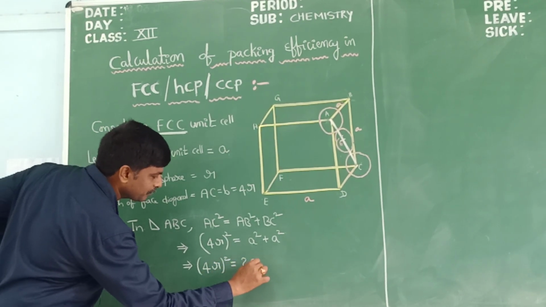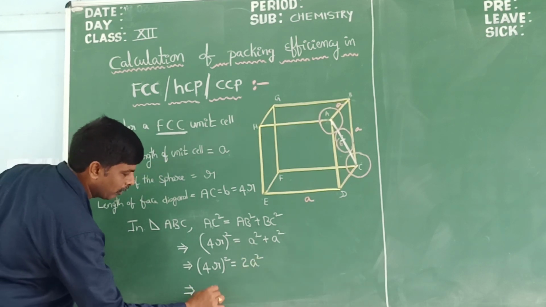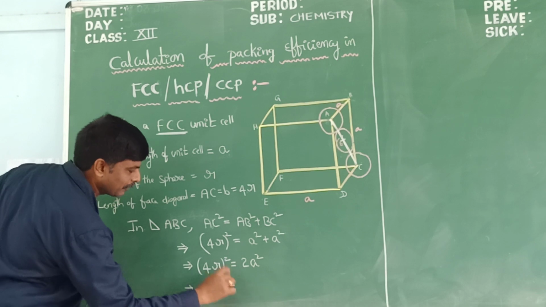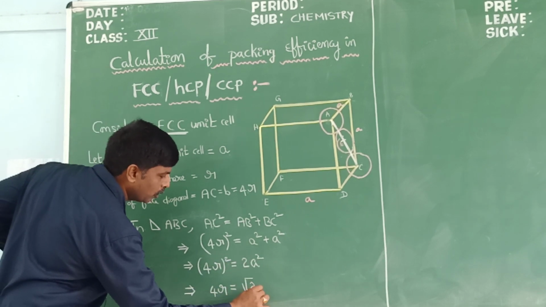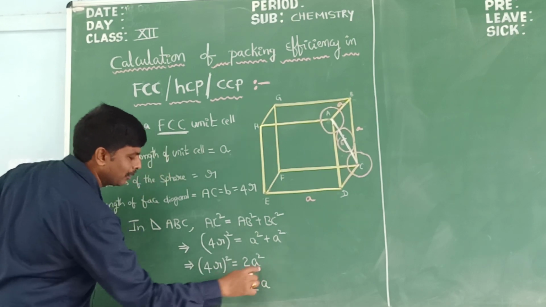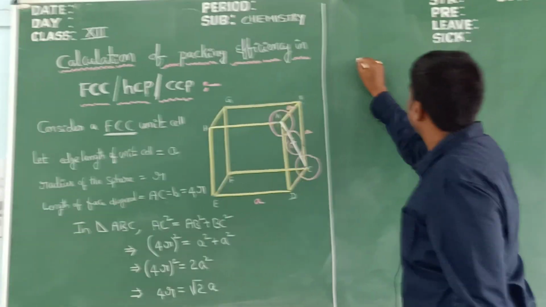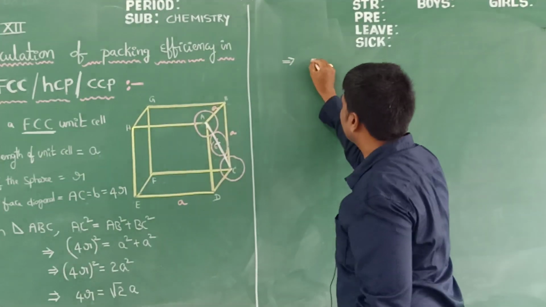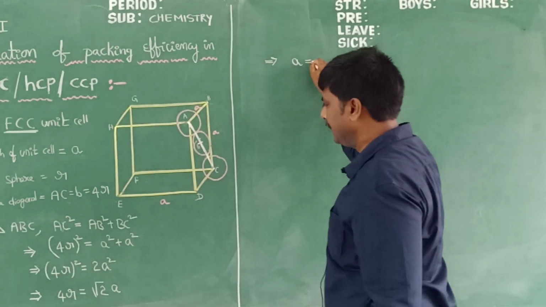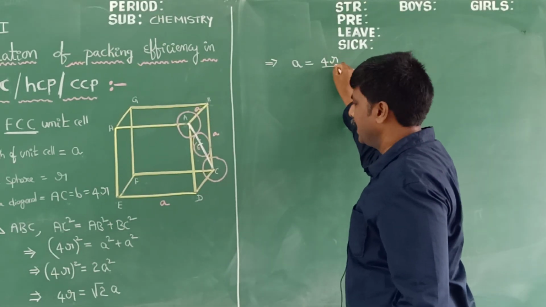Taking the square root, 4r is equal to root 2 into a. So root 2 a is equal to 4r. That means a is equal to 4r by root 2.